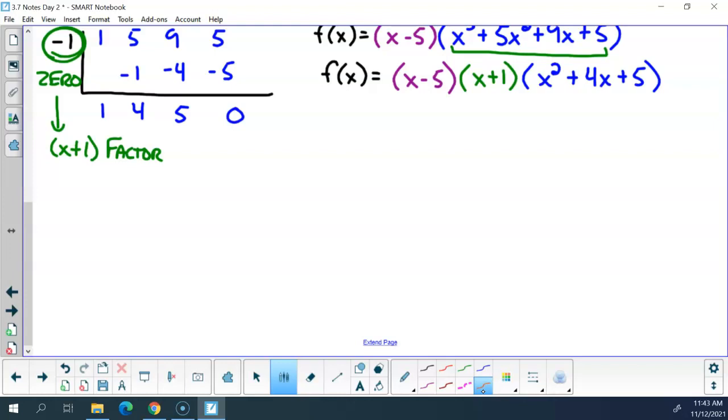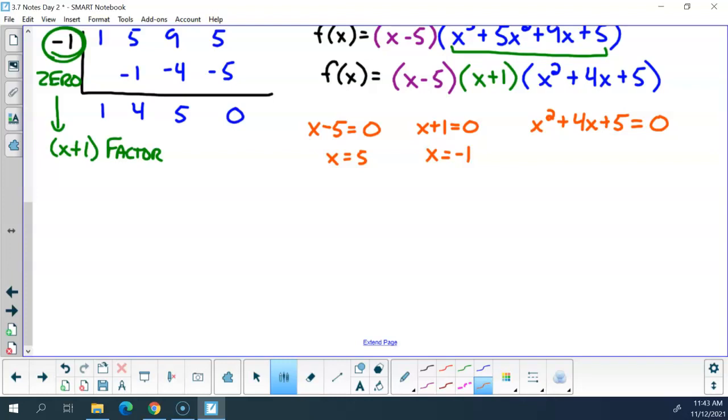So now I get the zeros. x minus 5 gets me 5. x plus 1 gets me negative 1. x squared plus 4x plus 5, what do I do with that?